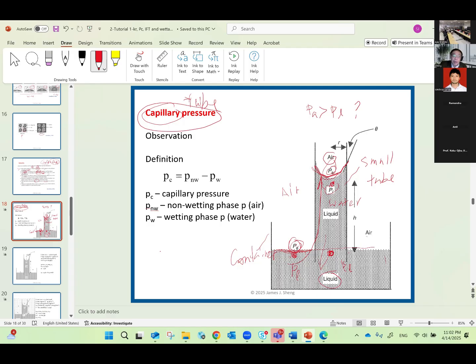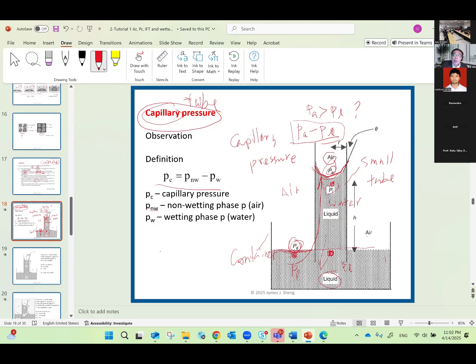So this difference, in this case, is the air pressure minus the liquid pressure, because they're different. We call this difference the capillary pressure.